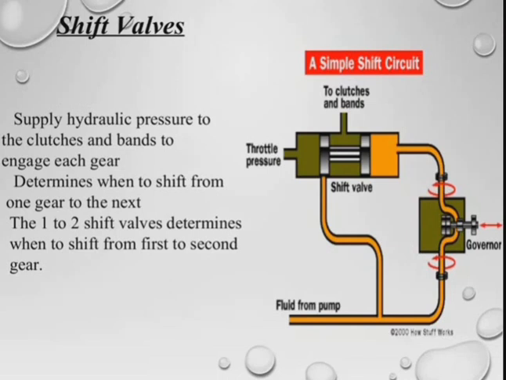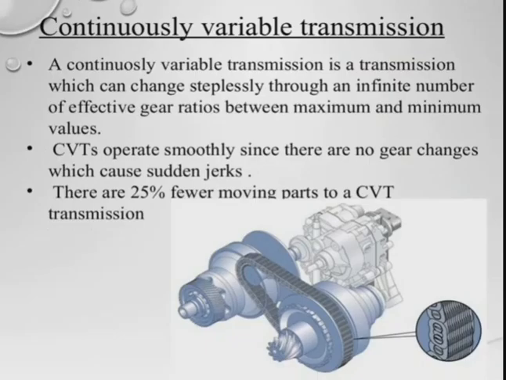You can see there is throttle pressure available here and some clutches and bands. Some governors are available, and you can see this revolution. The fluid from the pump comes here, and when the throttle is pressurized it gives oil to the clutches and the bands.